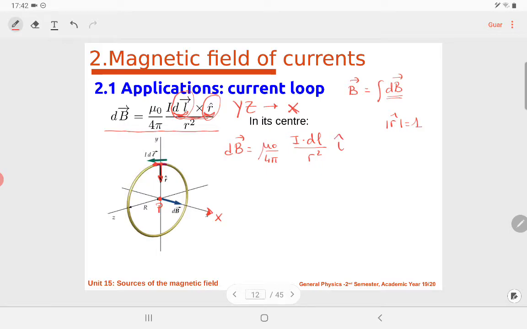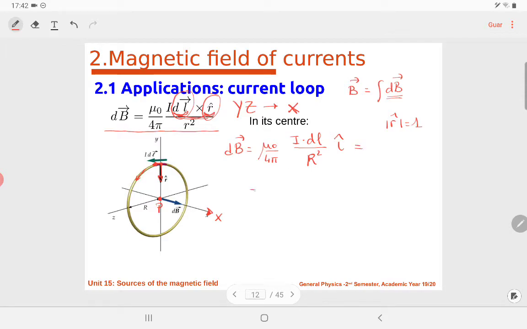So once we have this, we just have to integrate. And in this case, this small r that I was putting here is really big R, which is just the radius of the loop. Okay, so here it's a very easy example, because whenever we integrate, R is not going to change, and all the vectors have the same direction.